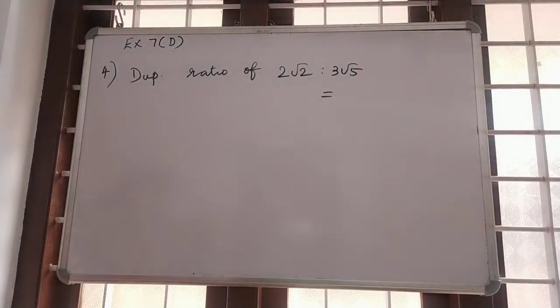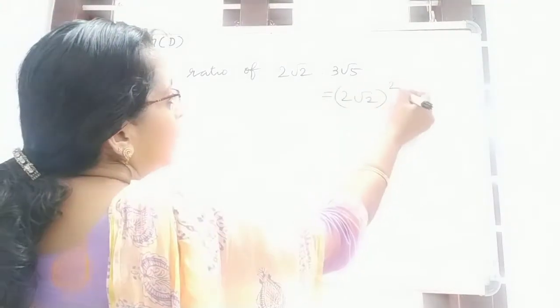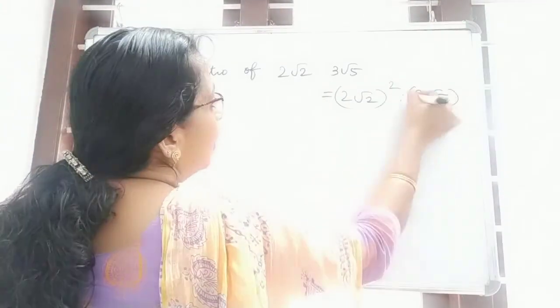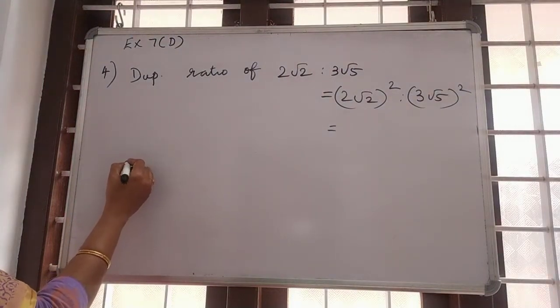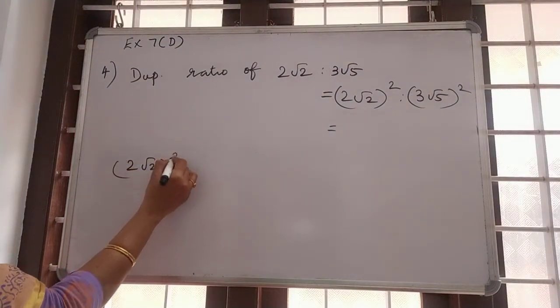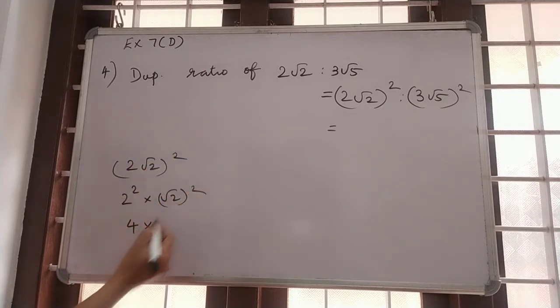We want to take the squares, that is 2 root 2 the whole square is to 3 root 5 the whole square. Do it in the working column. 2 root 2 the whole square is 2 square into root 2 whole square. 2 square is 4 into root 2 square, which means root 2 into root 2, that is 2.